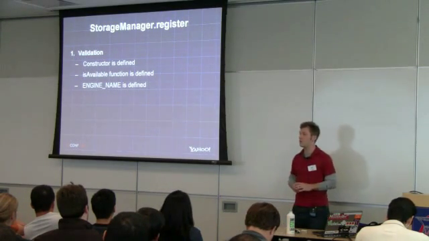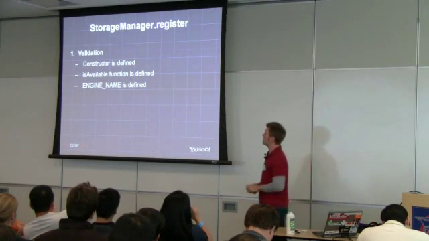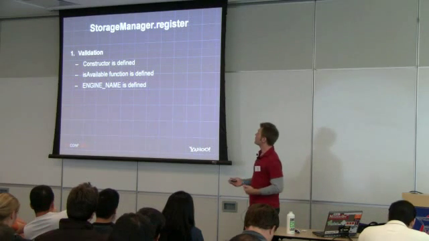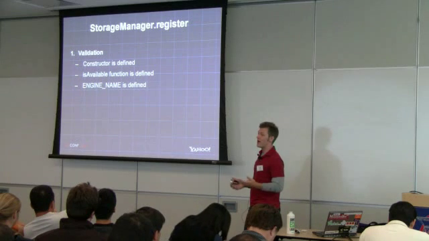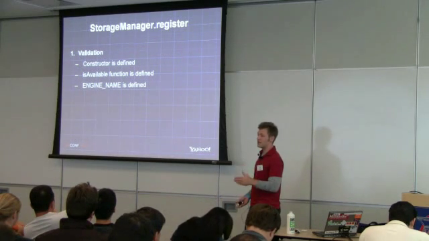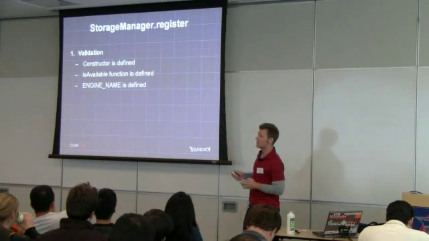So we're going to take a look at the register function of Storage Manager. And what exactly is it doing? Register is called at the very end of a file container, or the code that defines an engine. And what you pass into register is the constructor.